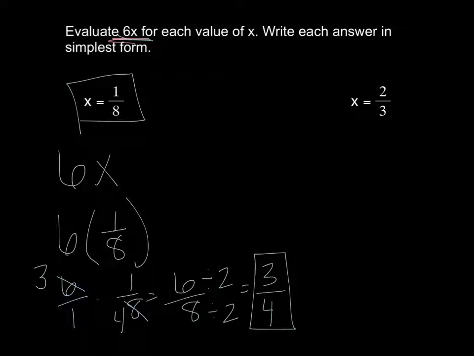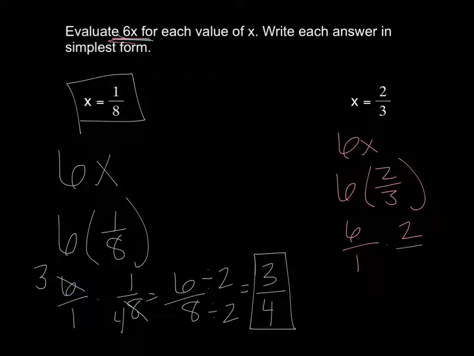So again, I'm evaluating 6x, and I know that x is 2/3. So I do 6 over 1 times 2 over 3. Now I wanted to dispel a common error. I would not simplify this 6 and this 2. It has to be diagonal.